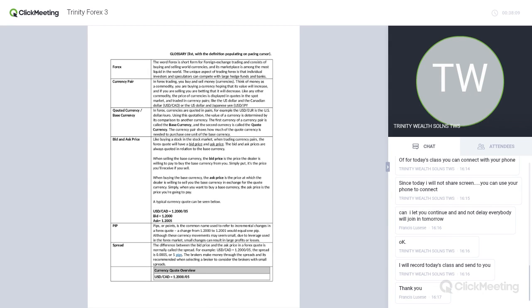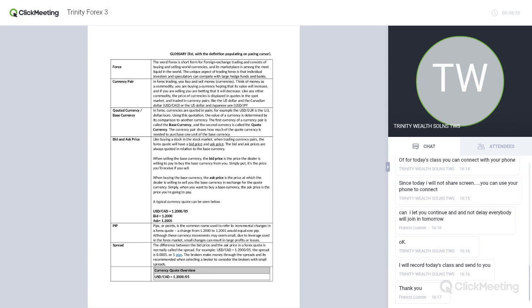Remember, I will still give some examples, like in an auction. In an auction, we say the highest bidder takes the property. So you can use that kind of understanding to know what the bid price is. So if I'm selling, I'm selling USD. So the bid price is what the other person who is buying from me is willing to give me to take the base currency.